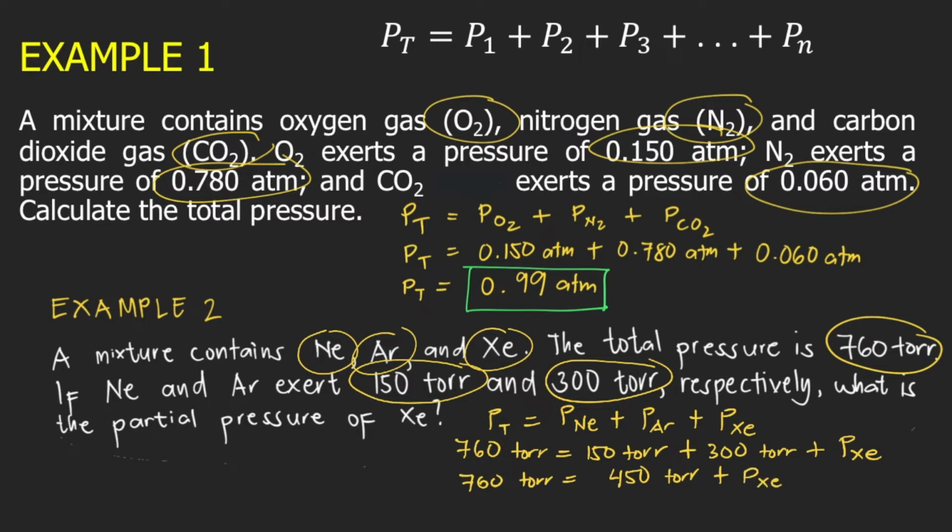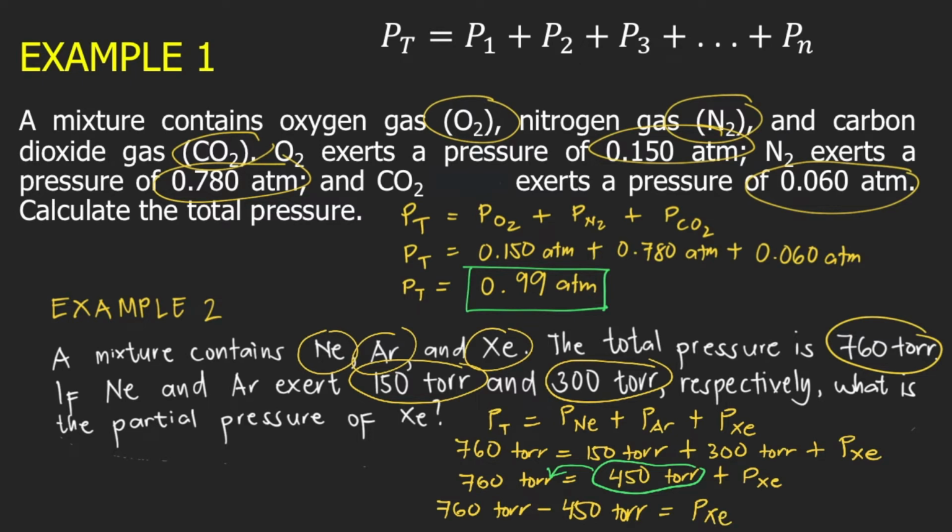So to solve for the partial pressure of xenon, you will move 450 torr to the left side and it becomes a minus. So 760 torr minus 450 torr is equal to the partial pressure of xenon.